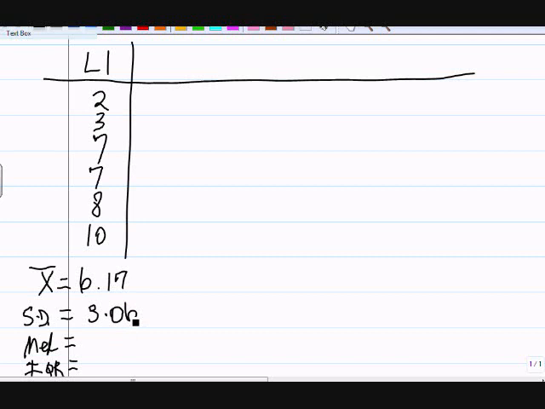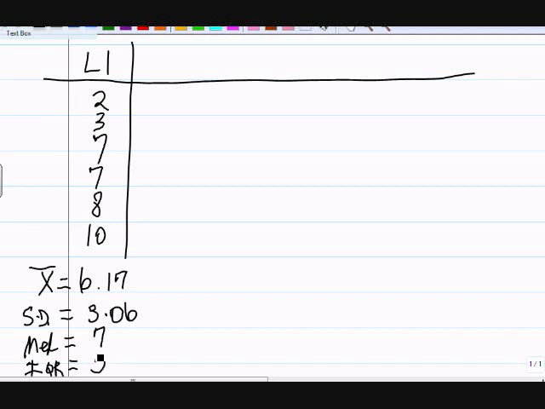Generally, if we're asking the calculator to give us a standard deviation, we use the S, and if we're feeding a standard deviation into the calculator, we use sigma. What's the median? Arrow down, find the median. And the IQR. How do I figure IQR? Q3 minus Q1, which is 8 minus 3, which is 5.